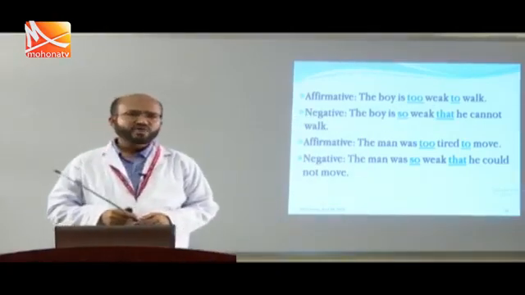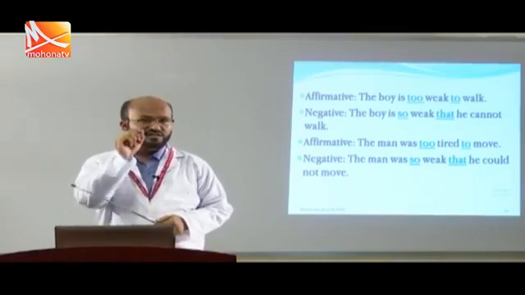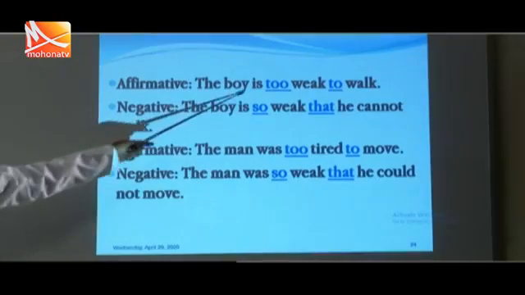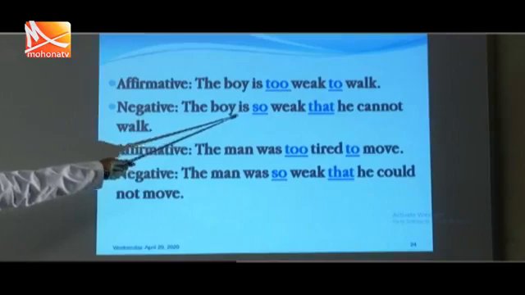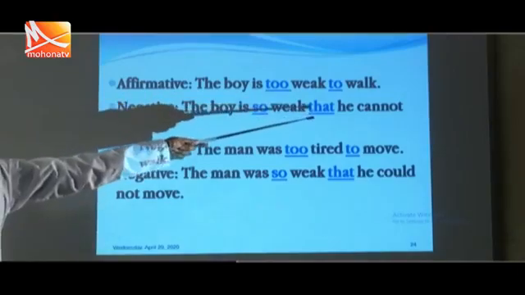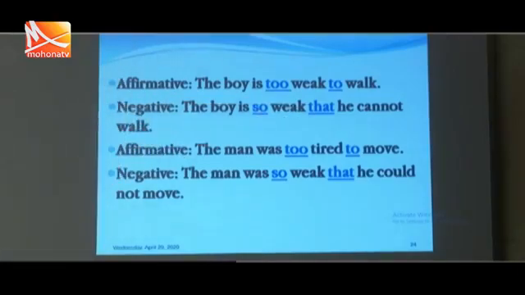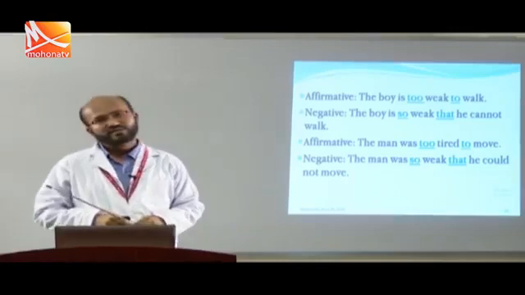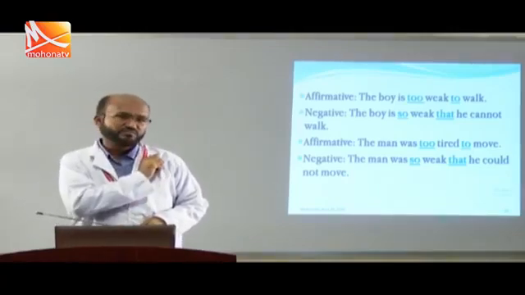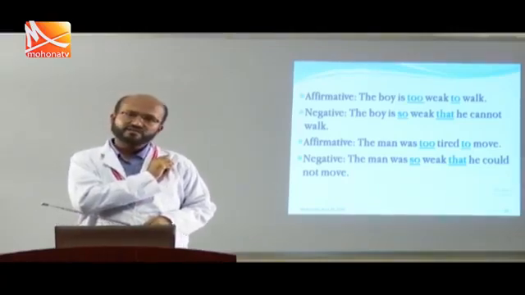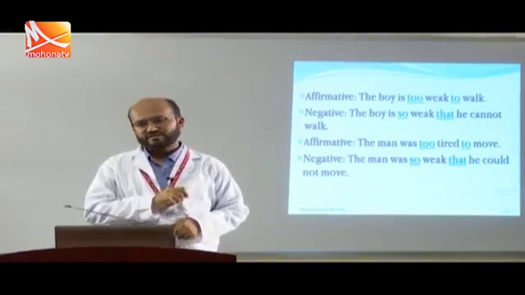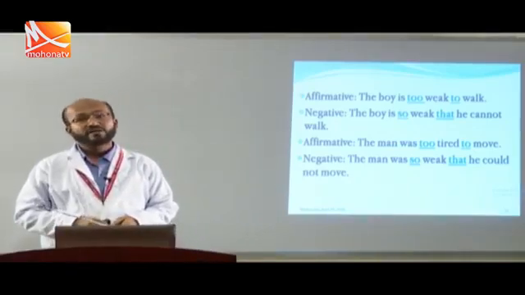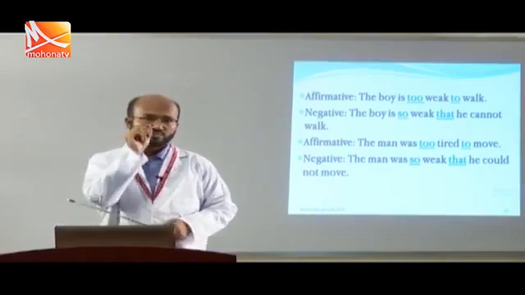So one thing you have to remember, the boy is so weak that he cannot walk. Cannot, why? Because there is 'is' before that. Next, you see in the past tense, what happens? The man was so. Was.